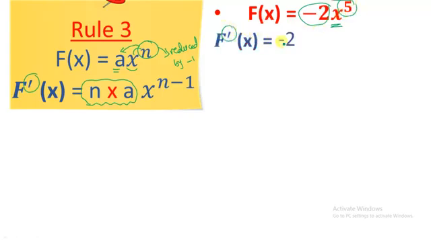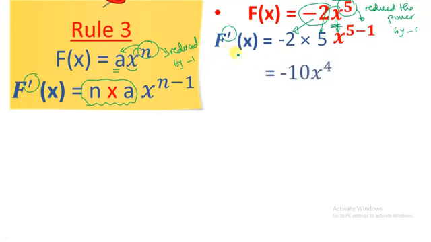F prime of x equals the number multiplied by the power multiplied by the variable raised to power 5 minus 1, because we reduce the power by 1. And then the answer of the derivative is minus 10 multiplied by x to the power 4.